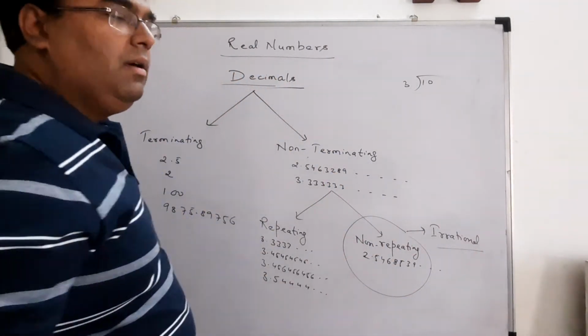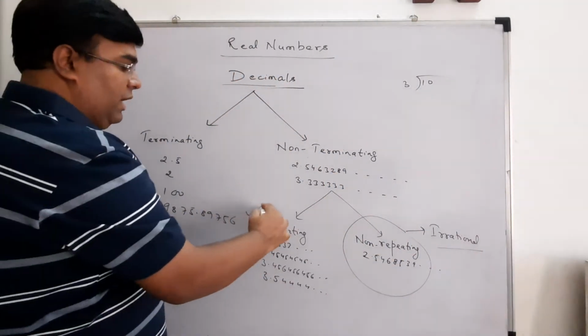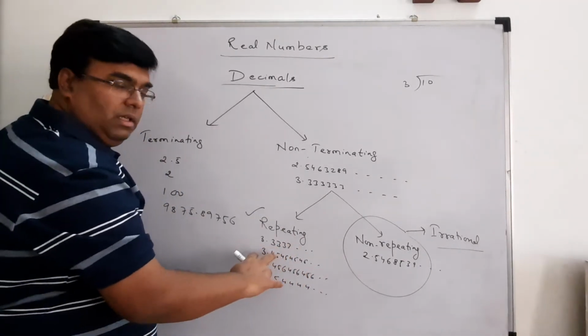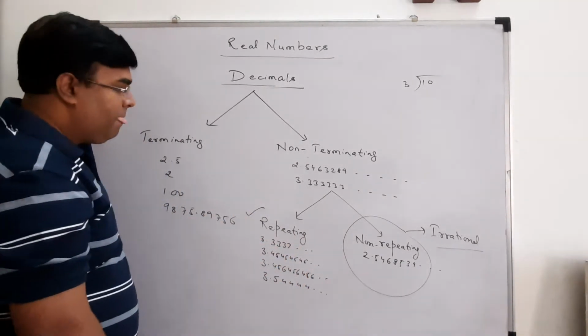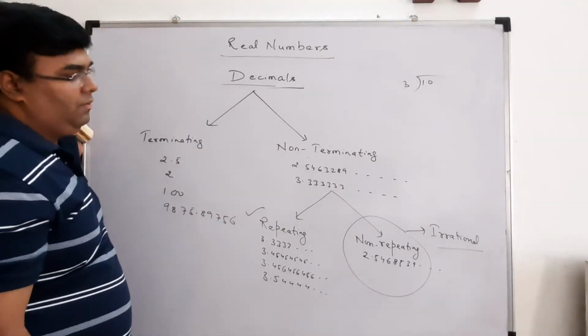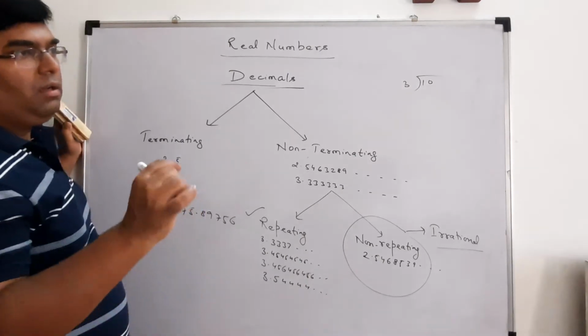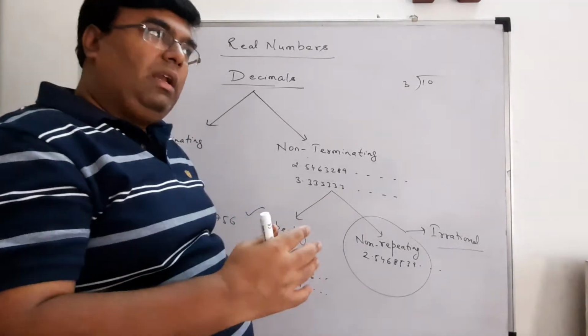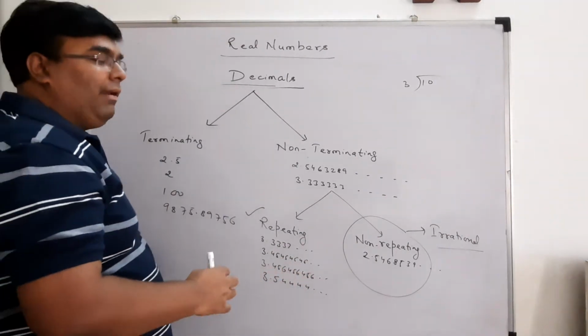The rest are all rational. Repeating is also rational. We learned in standard 9th how to convert it into p by q form, and terminating is already in p by q form. So anything which you can convert into p by q form is rational. If you cannot convert it into p by q form, it is irrational.